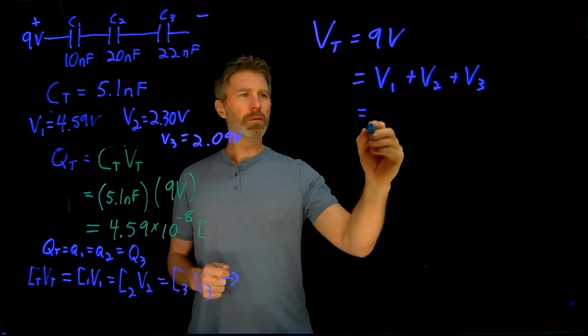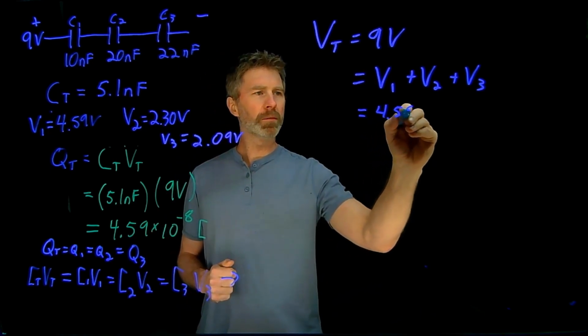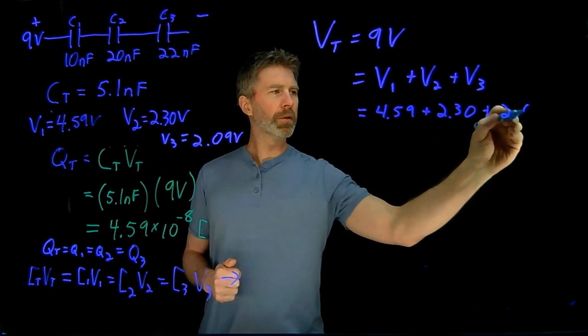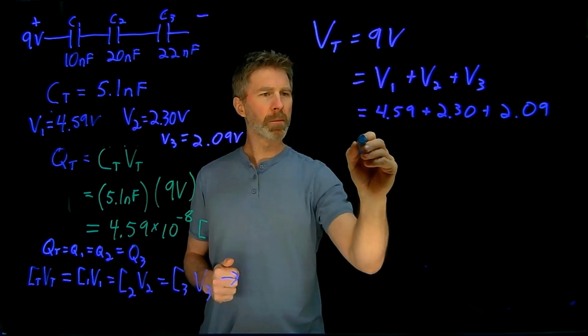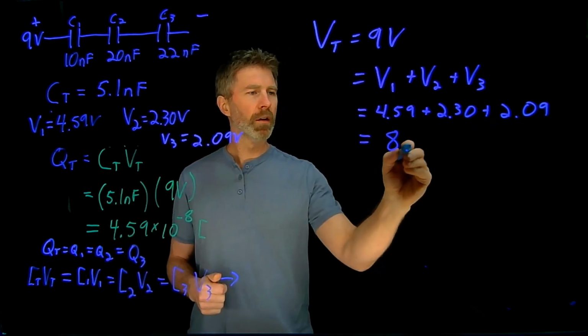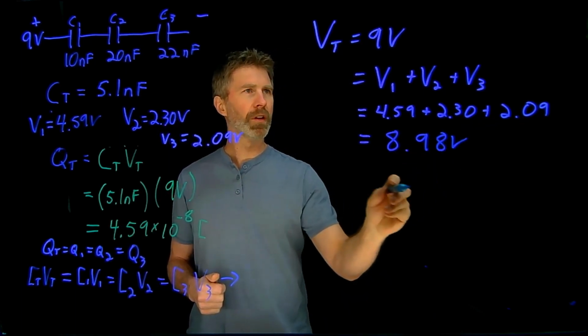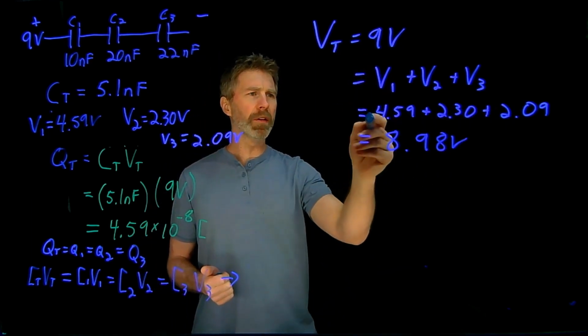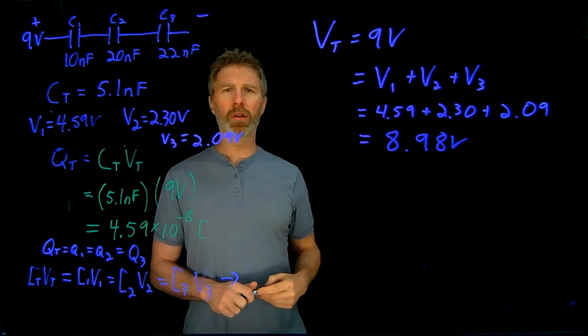So V1 plus V2 plus V3, we have 4.59 plus 2.30 plus 2.09, 8.98 volts. I'm 0.02 volts off. That was because there was some rounding that occurred when I did these calculations for the voltages.